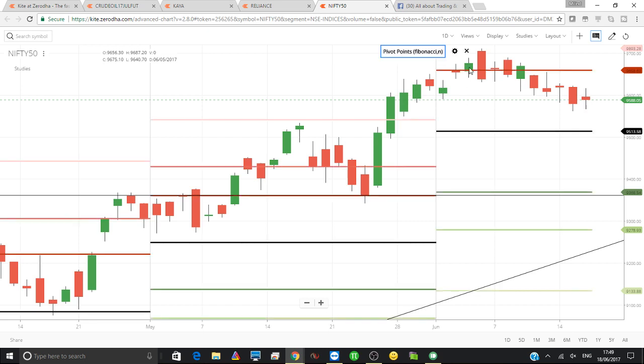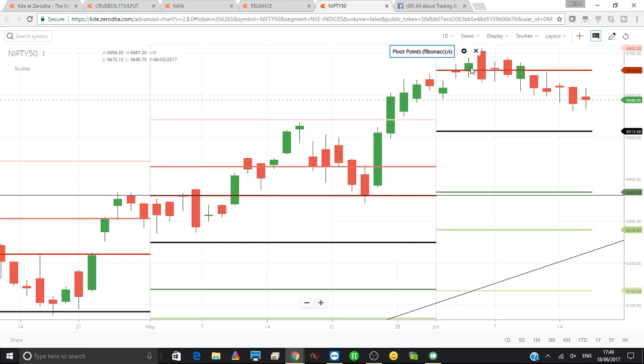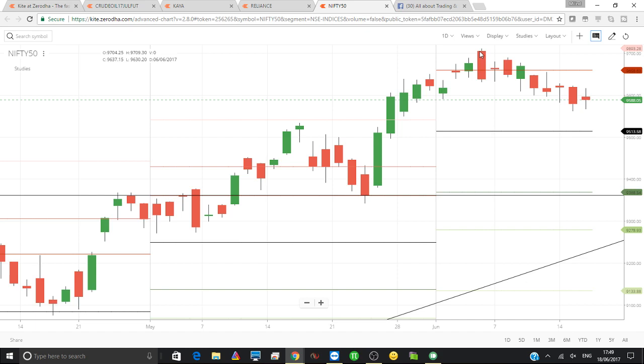Did not happen. On next day, Monday, we opened almost at the same place. We could have shown a red candle. I would have been very happy. But then market had something else in mind. It went up. Next day, which is a Tuesday, here on 6th June, we actually opened gap up, huge gap up.